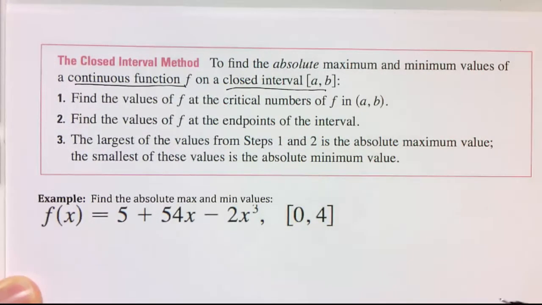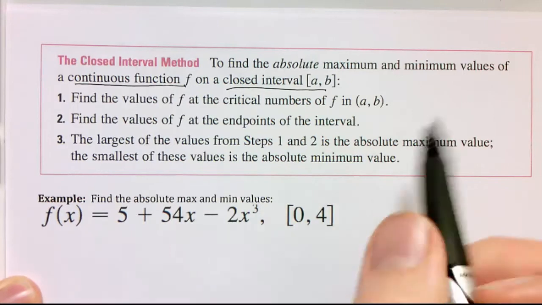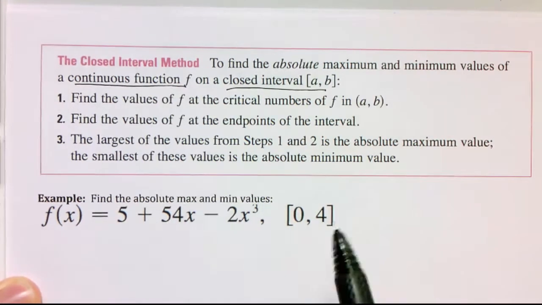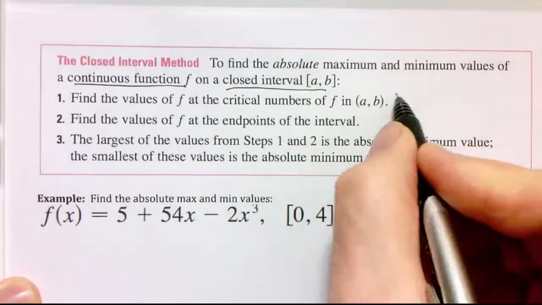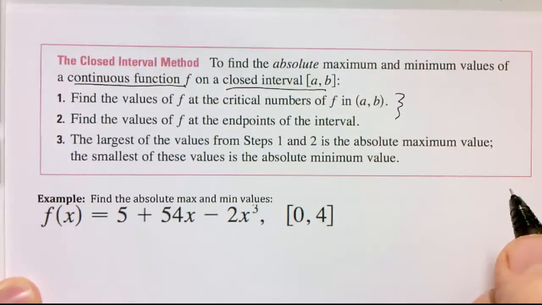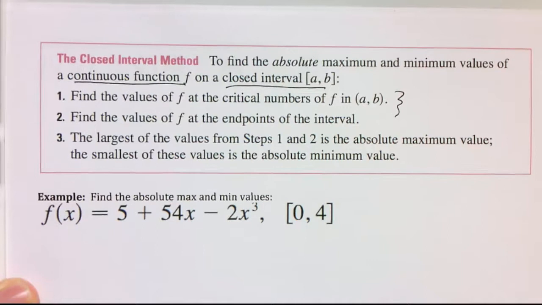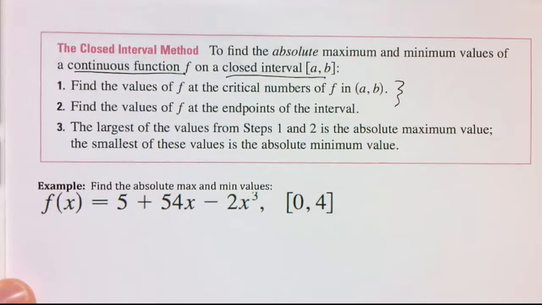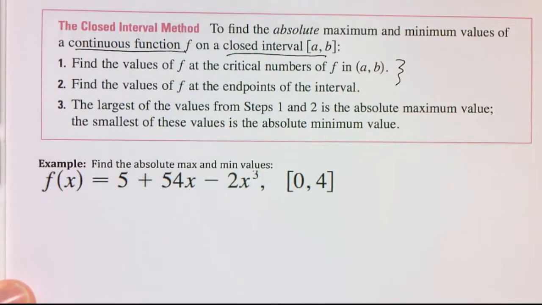What we're going to do is first locate all the critical values. We're going to note what the endpoints are. We're going to evaluate the function at those critical values and at the endpoints. And then the largest value we found is the absolute max, and the smallest value we found is the absolute min.